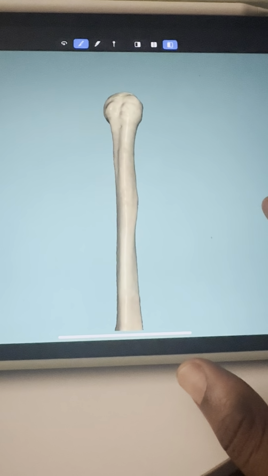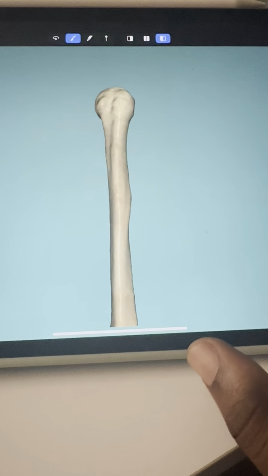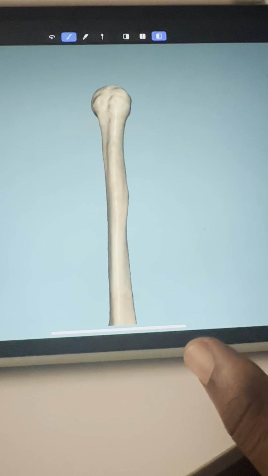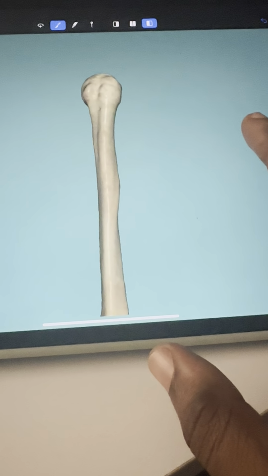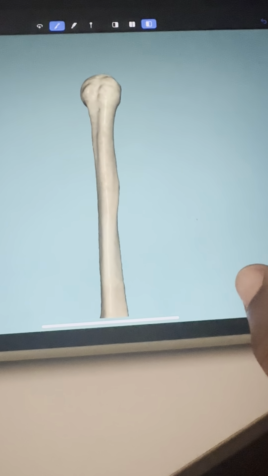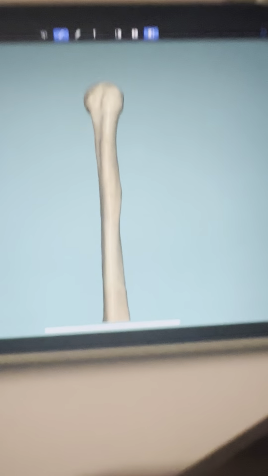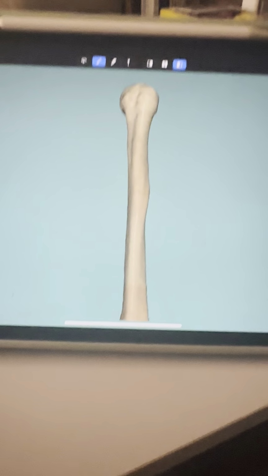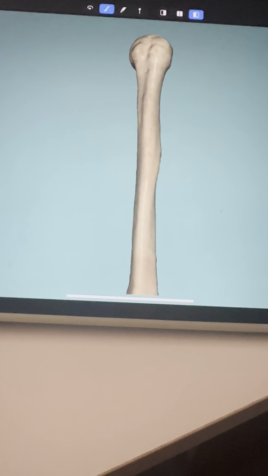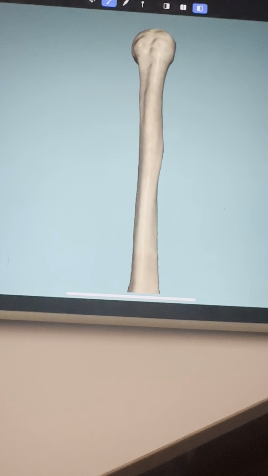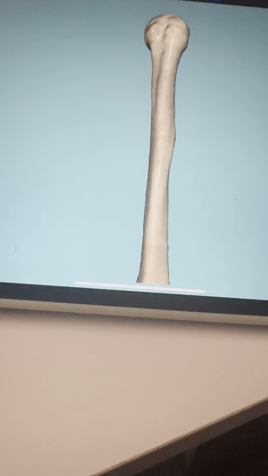The anterior and posterior circumflex will run near the surgical neck area and wrap around the humerus that way. In terms of the distal humerus, you have the deep brachial artery, also known as the profunda brachii, which supplies blood to the posterior arm and runs in the radial groove alongside the radial nerve.